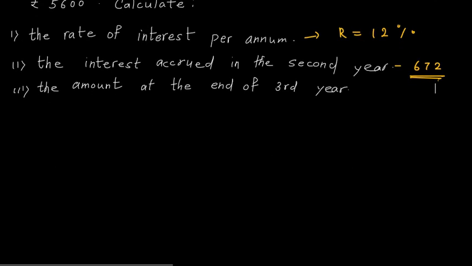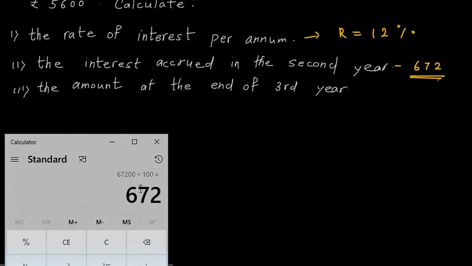And amount at the end of third year. So to get amount at the end of third year, we have to first find interest for third year, and for that my principal will become the amount at the end of 2 years. So amount at the end of 2 years, this 672, I will add it to 5600. So this gives us 6272 multiplied by 12 divided by 100 is interest for third year.